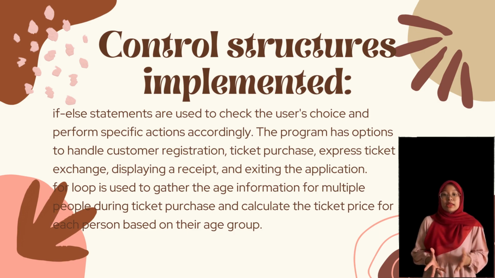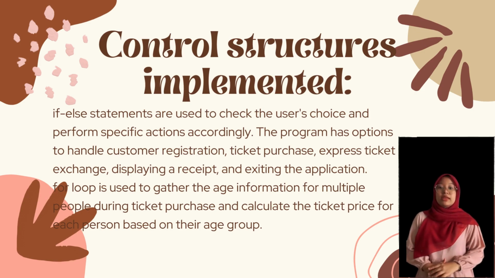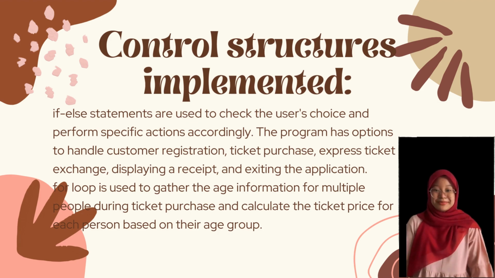In summary, the control structures employed in this ticket purchasing system, such as if-else statements and for loops, enable versatile functionality and smooth user interactions. By employing this structure, the application can handle various scenarios, making the ticket purchasing process efficient and user-friendly.